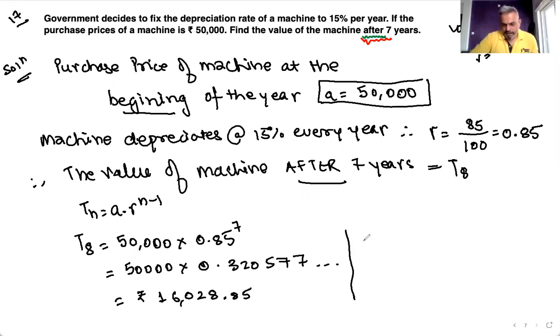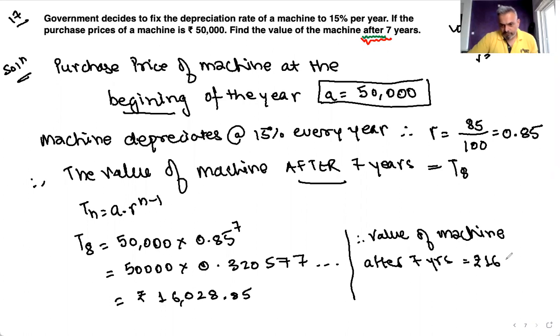Therefore, we write the final answer. Value of machine after 7 years is equal to rupees 16,028.85. Answer.